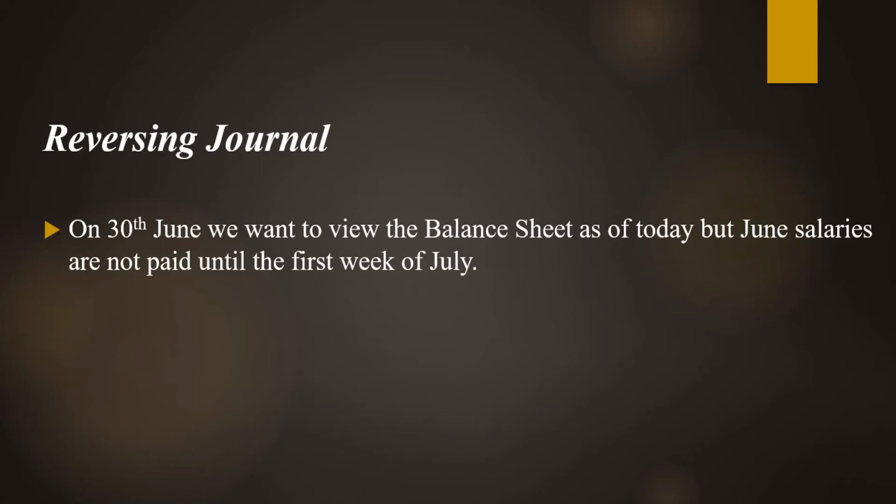But to display the accurate balance sheet on 30th June, to reflect this particular transaction, that is salary which has to be paid to the employees of June month, we pass this entry in non-accounting voucher, that is reversing journal, and this will be reflected only on that particular date, that is 30th June, and later it will be reversed automatically. Let's see this particular transaction in Tally.